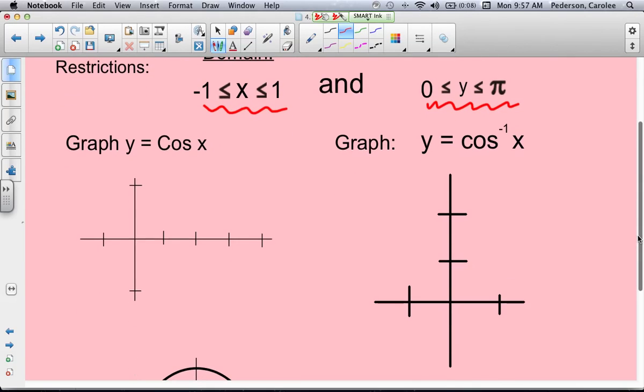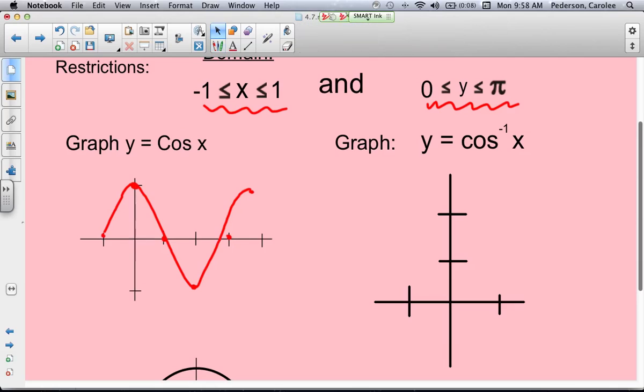So to review the cosine function, you don't need to graph the cosine function. We are only going to focus on the region from 0 to pi and inverse that.